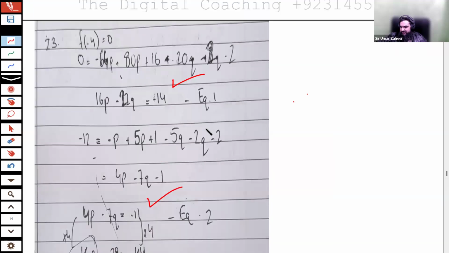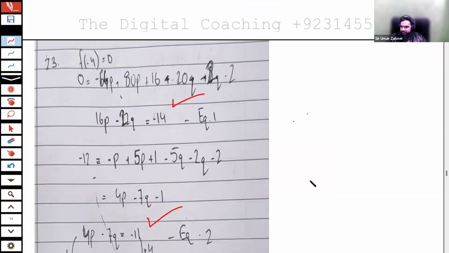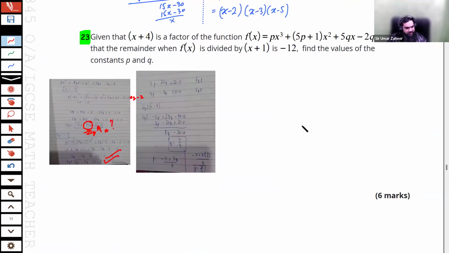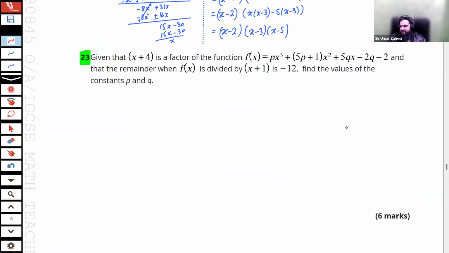Alright, everyone, let's do this question first. We have just a few minutes left. I will make the equations and you have to solve the simultaneous equations, okay? So first we substitute x is equal to minus 4.